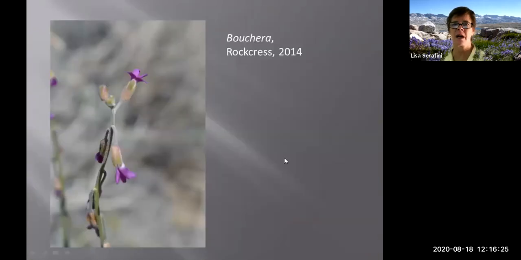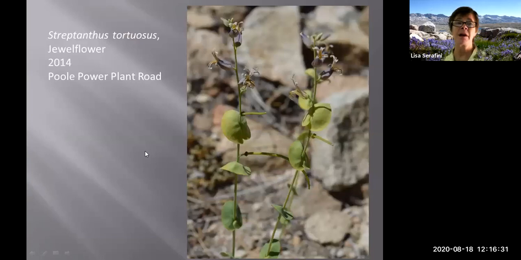Rock cress, a really common genus with a lot of pretty little flowers. Jewel flower, mountain jewel flower, actually, I should have put that in there. The Streptanthus tortuosus, a lot of people are familiar with this. This one happens to be from the Eastern Sierra, but you can find it in many other places.